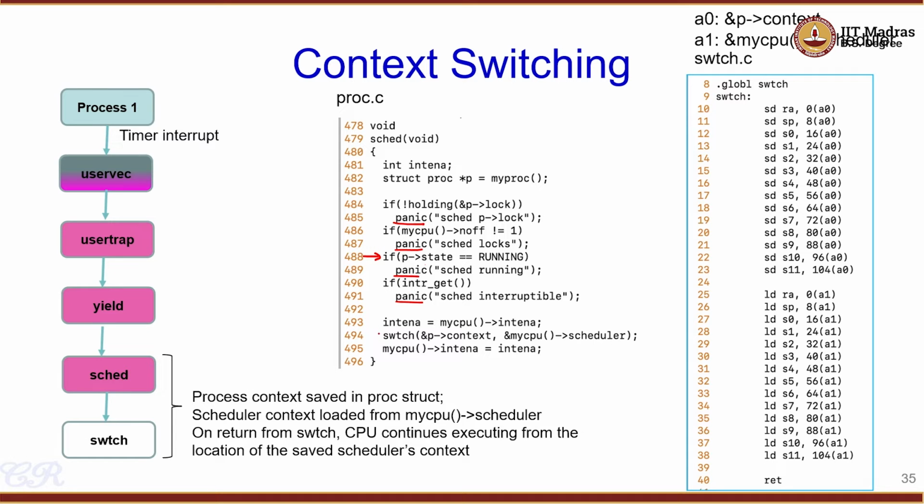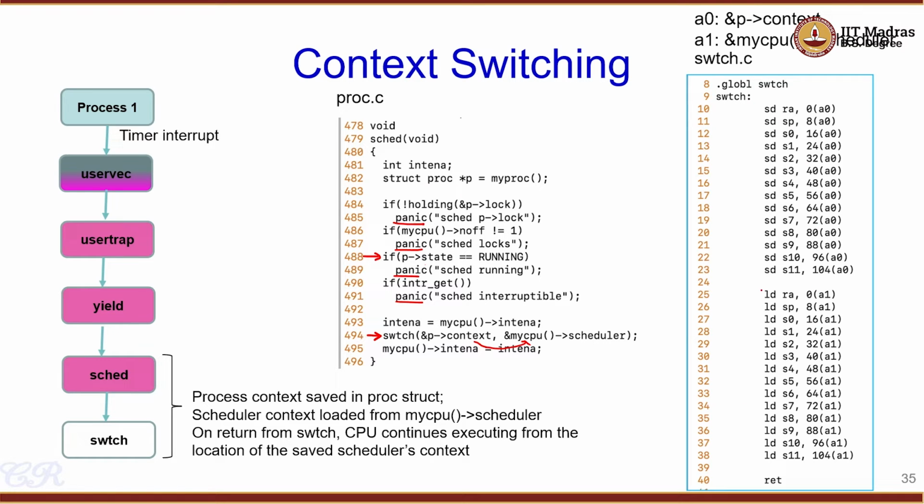But important for us is this function over here called swtch. What we are doing here is switching from the context of process P1 to the context of the scheduler. Recollect, we have seen this before.